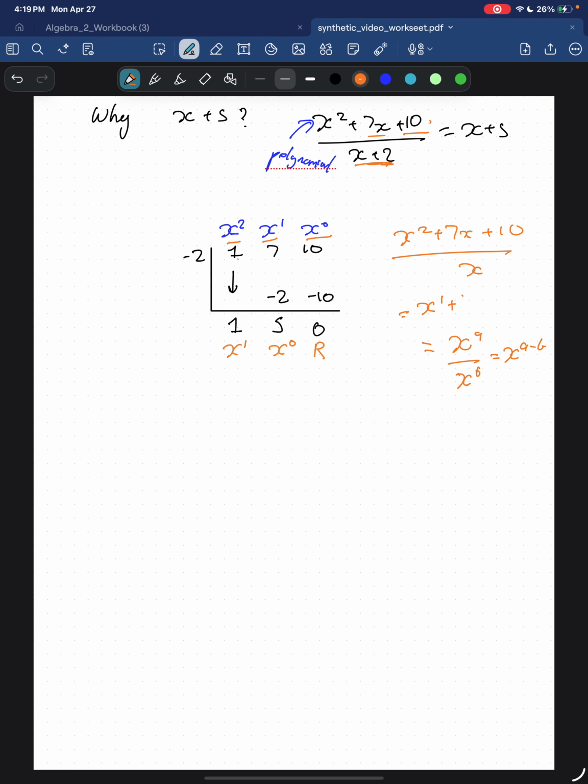This term here becomes x to the power 0, which is just 1, so that's just 7, but I'll leave it at x to the power 0. And this will become 10 over x, or if you like, x to the minus 1. That action of dividing a polynomial by x is what collapses our placeholder values from x to the power 2 to x to the power 1.